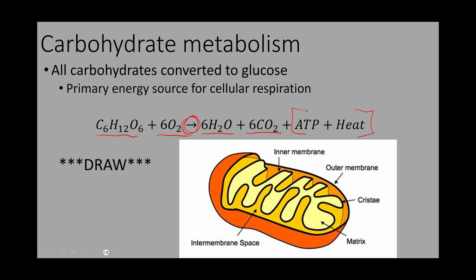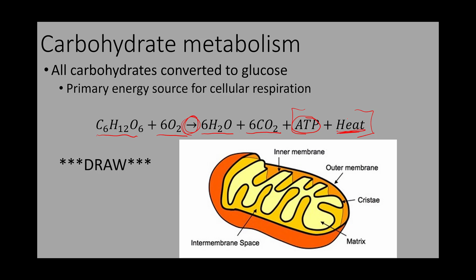We get ATP, that's the energy that we're after, that's the energy that our body runs on, and heat. Remember, when we have some sort of conversion from one form of energy to another, it's inefficient, and some of it is lost as heat. And that is why we start to get hot when we're working out or doing something physical.